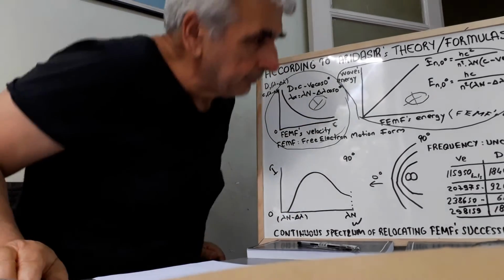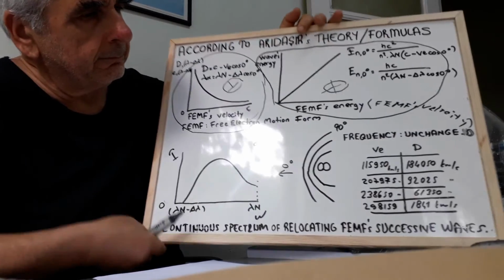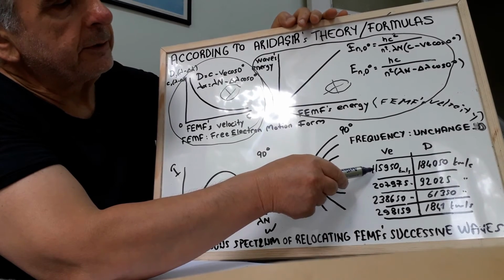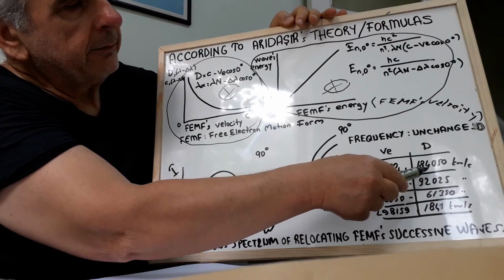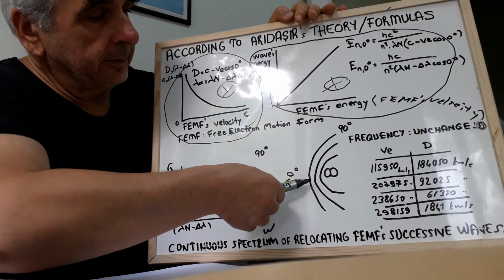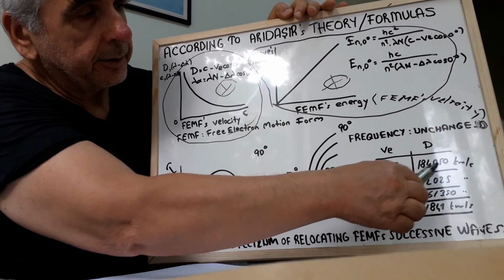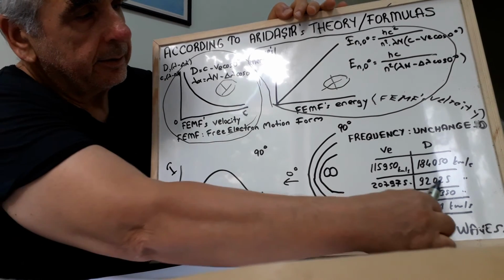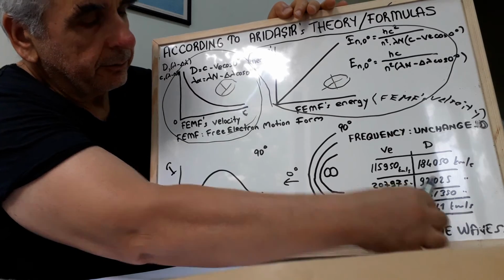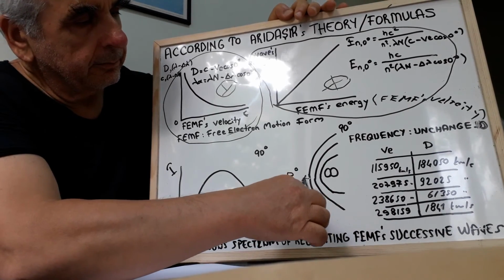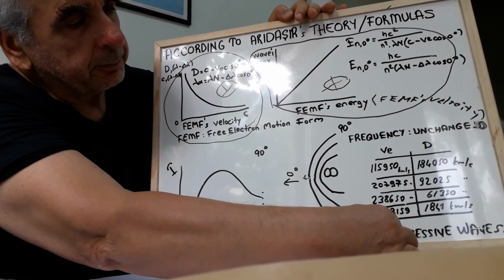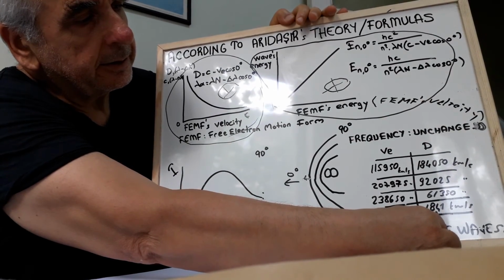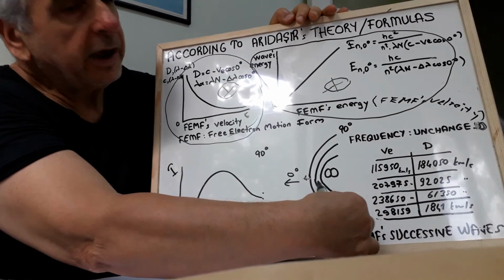Here we are. Look at that. If the free electron motion form's velocity here, wave velocity in the direction of electron motion here, kilometer per second here, electron velocity, wave velocity in the direction of this point velocity, now approaching c, only 1841 km per second wave velocity.